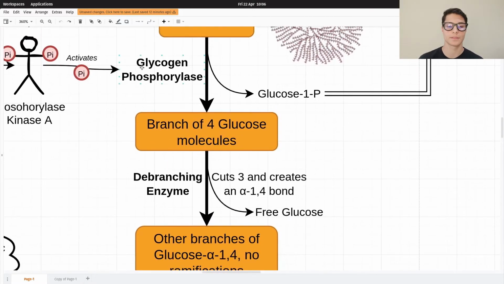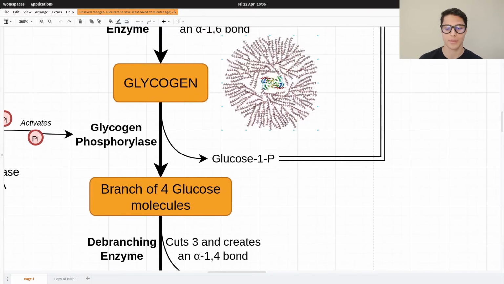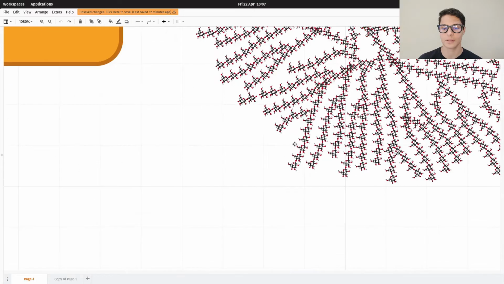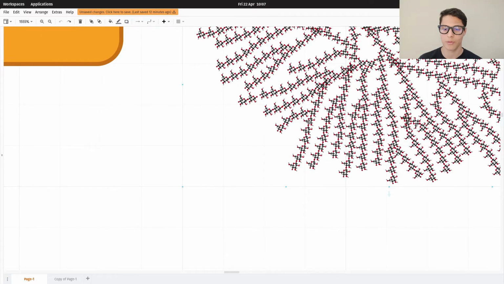And this glycogen phosphorylase can act until 4 glucose molecules from an alpha 1,6. So in this example here, the glycogen phosphorylase can act until 4 carbons from an alpha 1,6 bond.